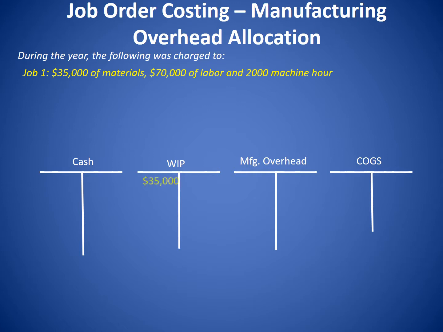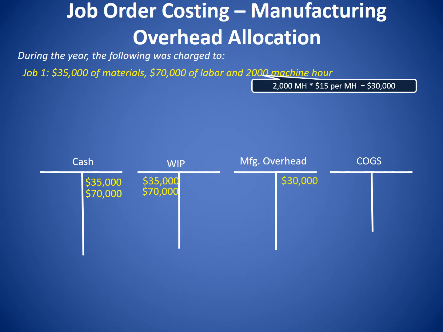So we know $35,000 worth of material, $70,000 worth of labor. In order to calculate the charge for overhead, we have to take 2,000 machine hours times the $15 per machine hour. That means $30,000 worth of overhead that we're going to be allocating to the job.